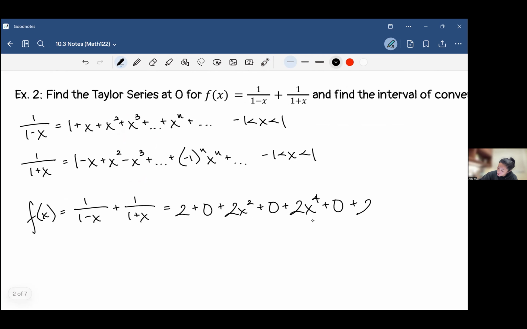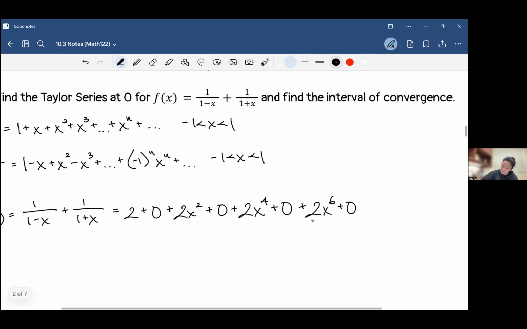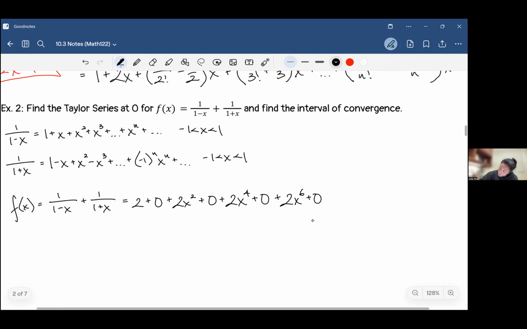And then there's going to be 2 of the x to the sixth, and the x to the seventh is gone. Okay? So the way we would continue to write this is we would say 2x to the 2n. We're just skip counting, right? We're counting by twos. 2, 4, 6, 8, 10, whatever this 2n is, okay?